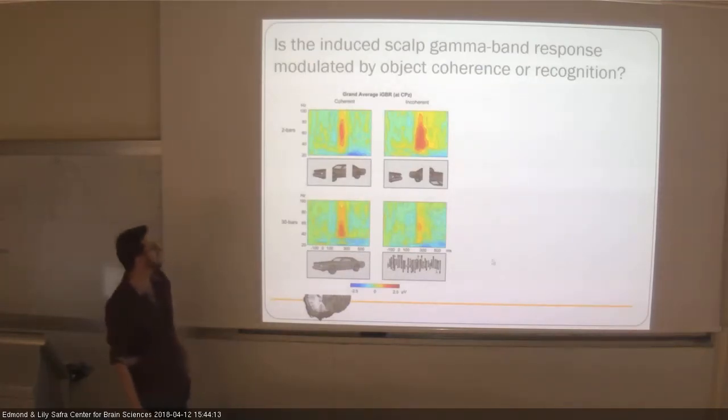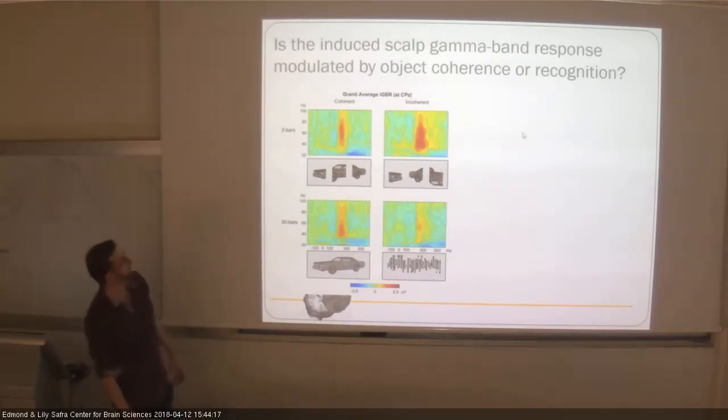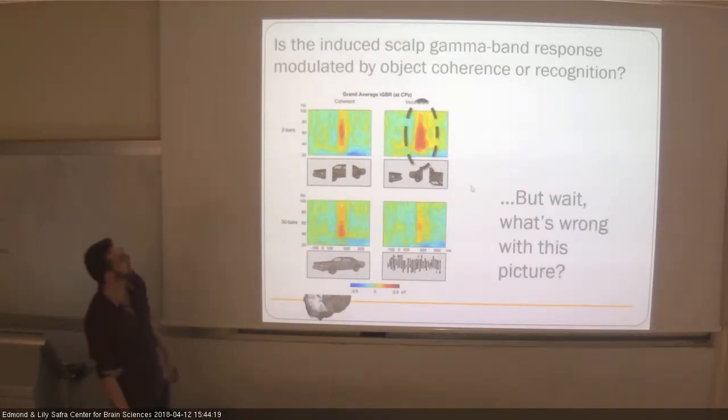She had this kind of design. It doesn't really matter what the experiment or the results were, but she did find this increase in gamma power.